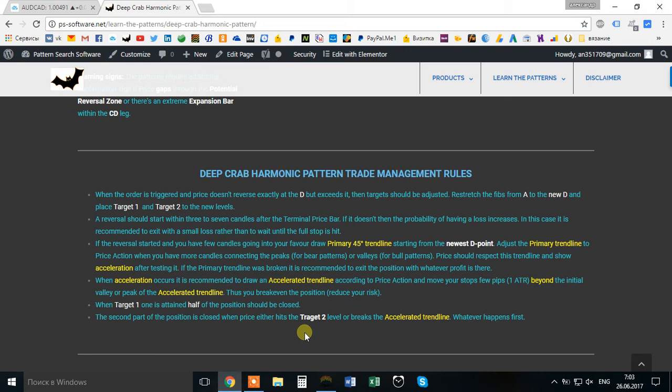Or if it goes against you, you can notice that even at the first stages, and without waiting for the full stop to be hit, you can exit the position either with a small loss or a break even, or in many cases with a small profit. So reduce your risk and maximize your profit. These are your trade management rules.